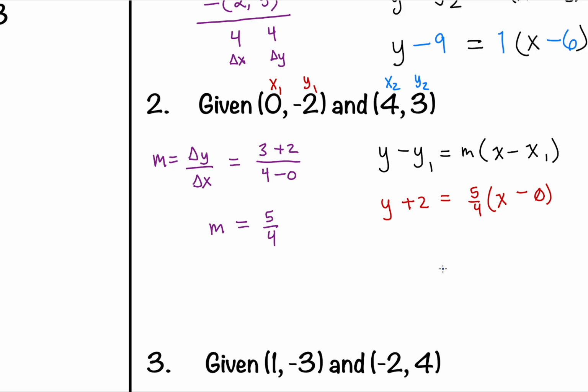The second form of the equation can be taken as y minus 3 equals 5/4 x minus 4. So let's plug those points into Desmos: 0, -2, and 4, 3. Let's see if we came up with the equations that are correct.